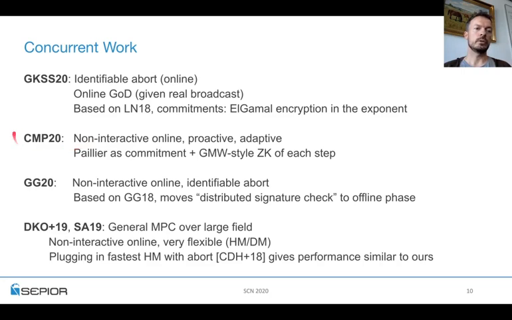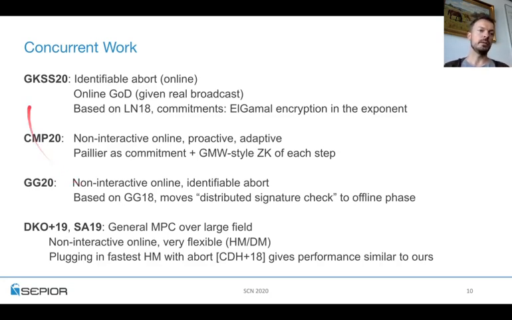This result by Canetti and others achieves this non-interactive online phase and other nice features such as proactive security, but it doesn't have identifiable abort. Gennaro and Goldfeder here actually have both non-interactive online and identifiable abort, but still there's no notion of fairness. A single party can still make the whole thing abort.